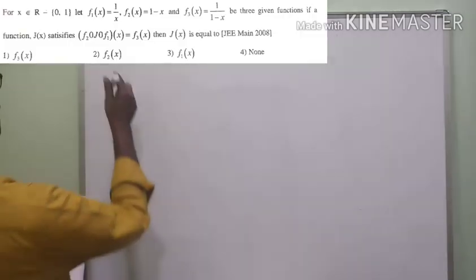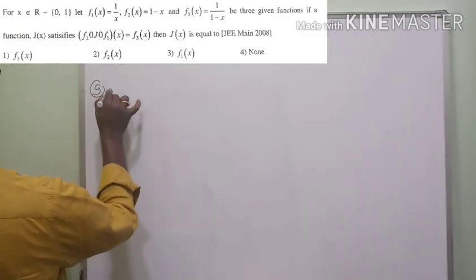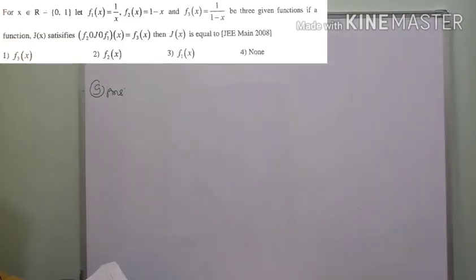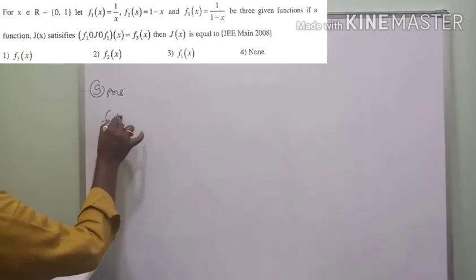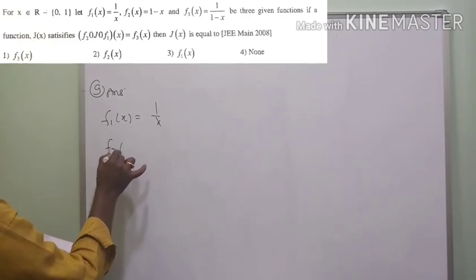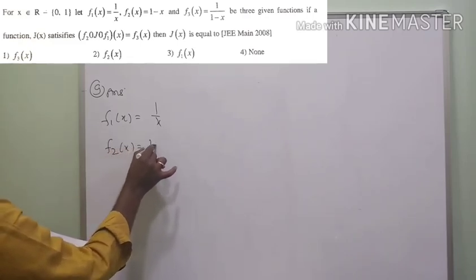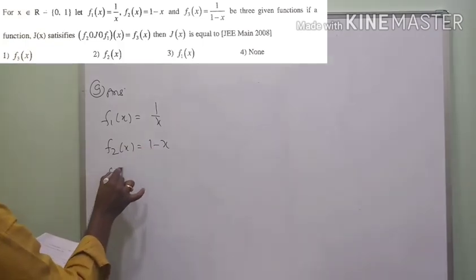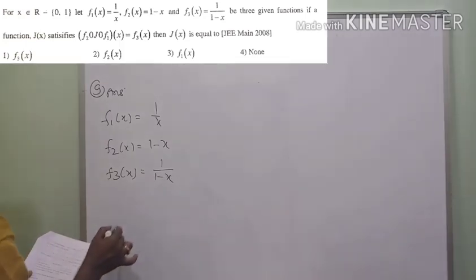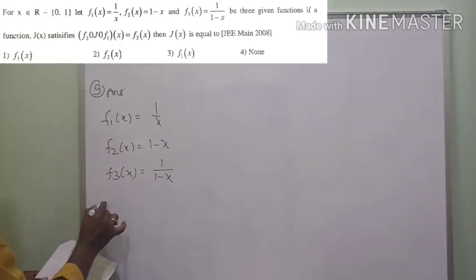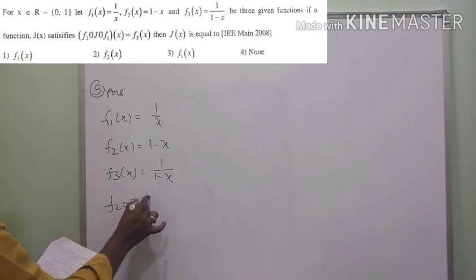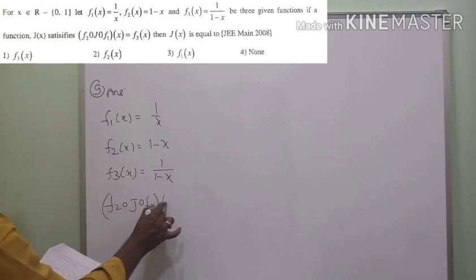Ninth question. f1 of x is 1 by x. f2 of x equal to 1 minus x. f3 of x equal to 1 by 1 minus x. Then what is the question? f2 composition j composition f1 of x.